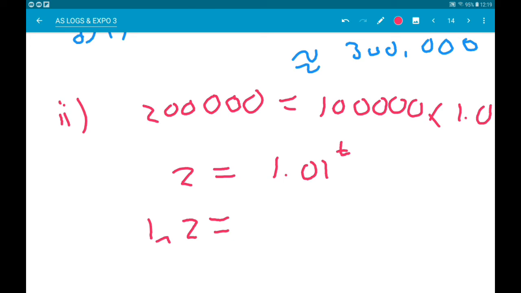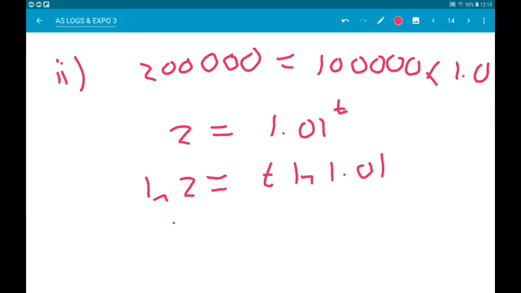Using the power rule, that's t log 1.01. Now divide both sides by log 1.01. And that is going to give us t is 69.7 years.